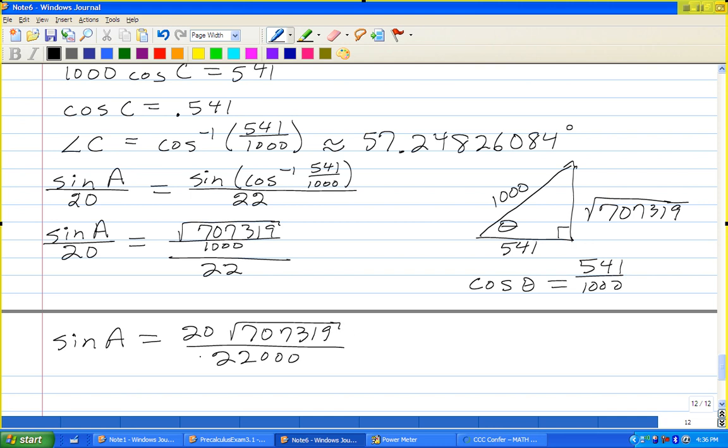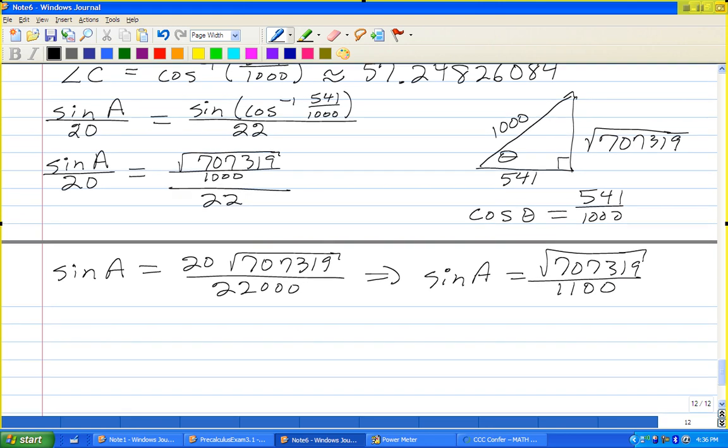Of course, I can divide by 20. Over 1,100. Okay.